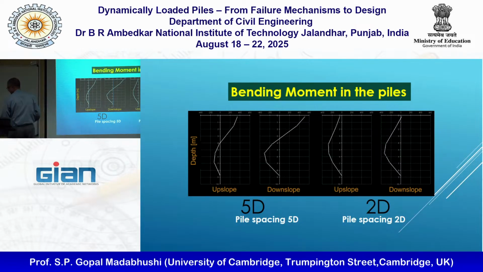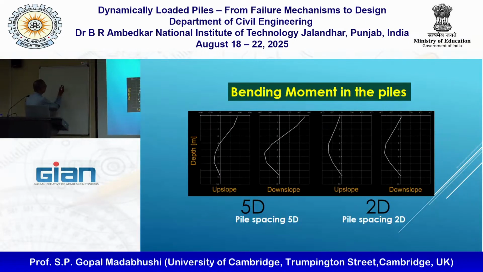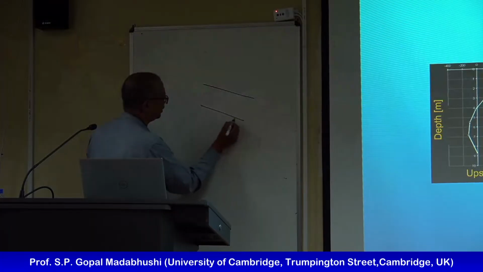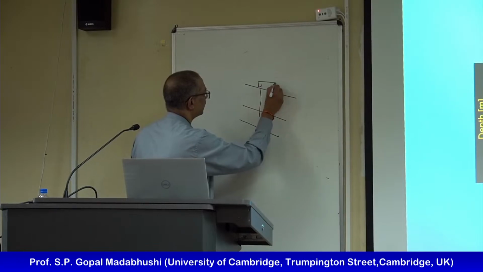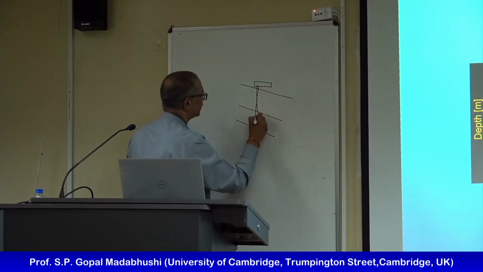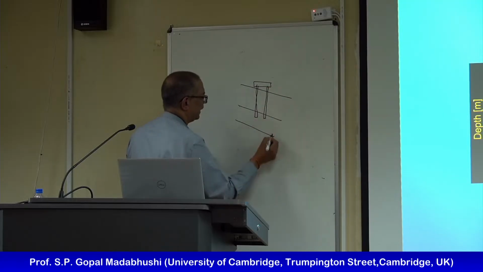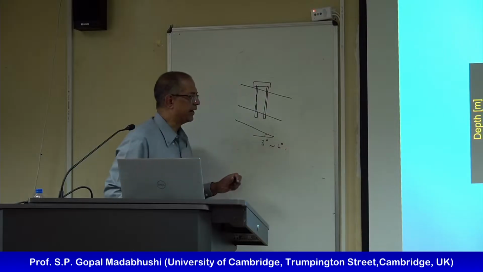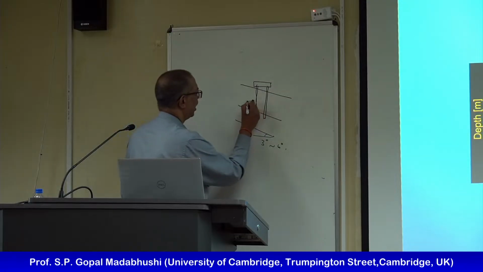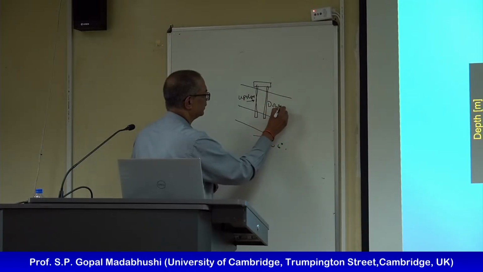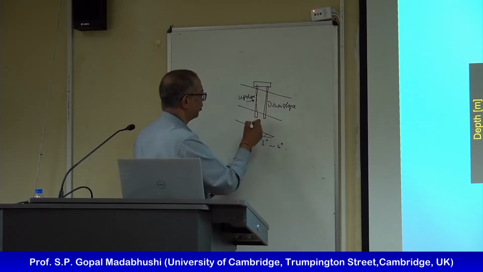So basically what we are saying is, and the slope angle is 3 to 6 degrees in different experiments. Okay, so this is my upslope pile and this is the downslope. So we are looking at the bending moments in these.